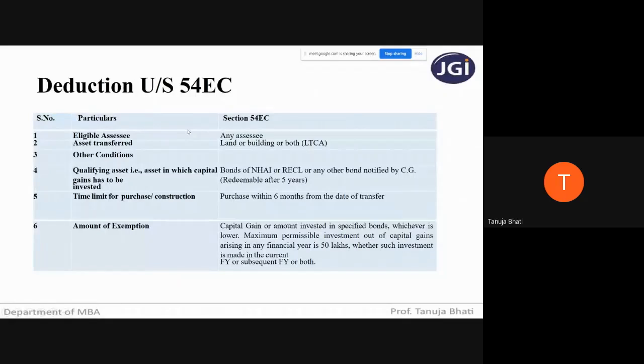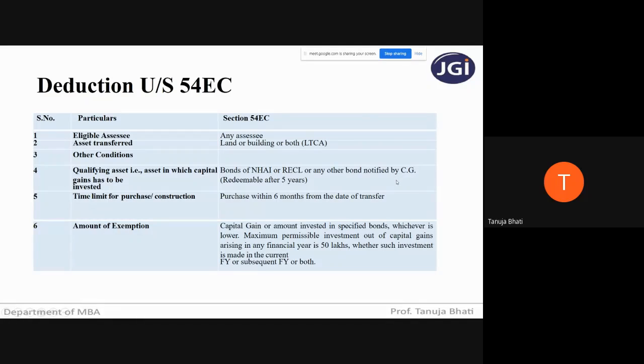Now that gain he's getting, where should he invest in order to get the deduction under section 54EC? He should invest it in the bonds of NHAI, that is National Highway Authority of India, or RECL, that is Rural Electrification Corporation Limited, or any other bond that is notified by the central government.